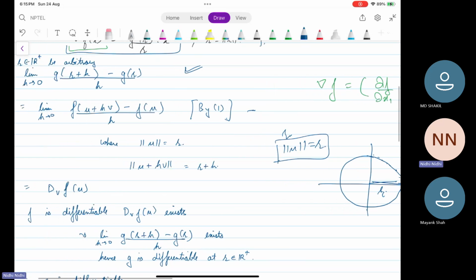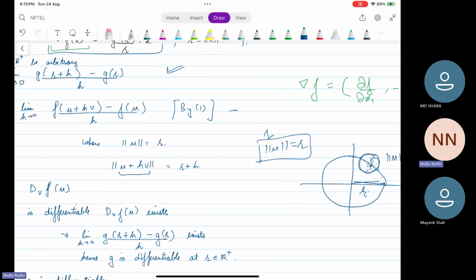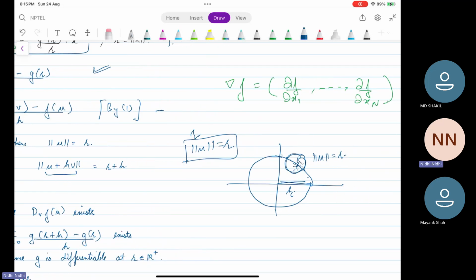And then we are taking this u plus hv. So u plus hv is somewhere around u, because h is small. If I take h small enough, it is lying on some straight line around u. So basically it is inside the circle. Its norm will be either r plus h or r minus h, because this distance is r.